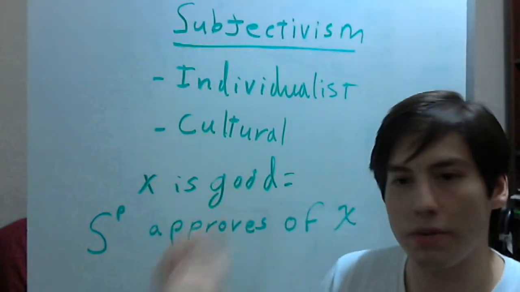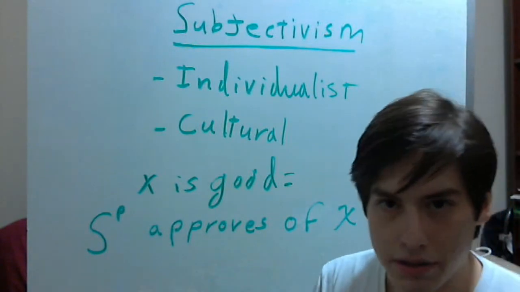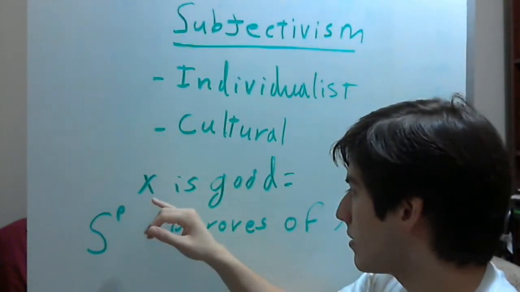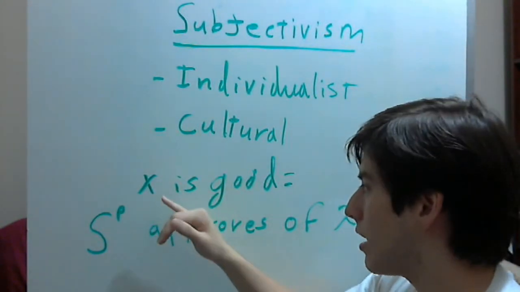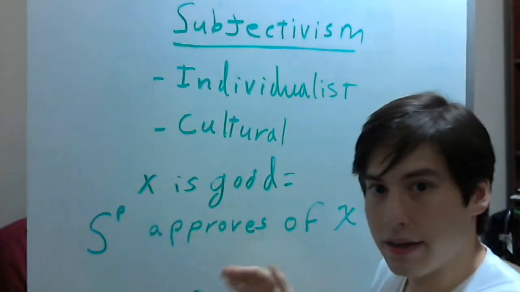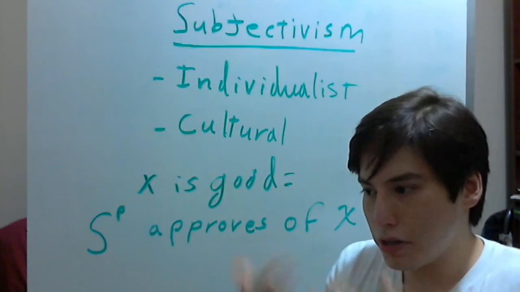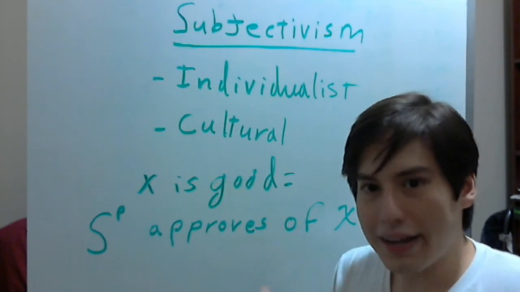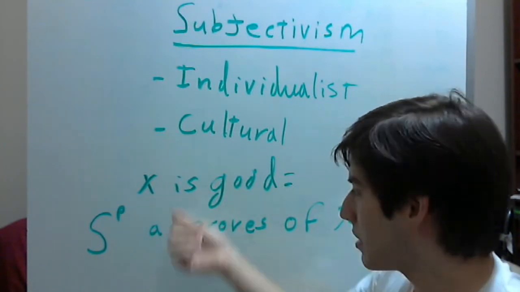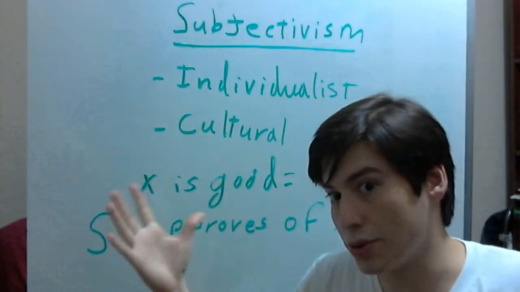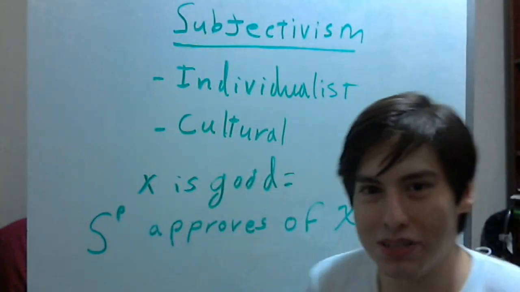Let's say Nazi Germany thinks that killing the Jews is good, right? Now suppose you say, well, Nazi Germany thinks that killing the Jews is good. I'm a German, so clearly killing the Jews is a good idea. I should kill the Jews because cultural relativism is true, so therefore killing the Jews is a good idea.